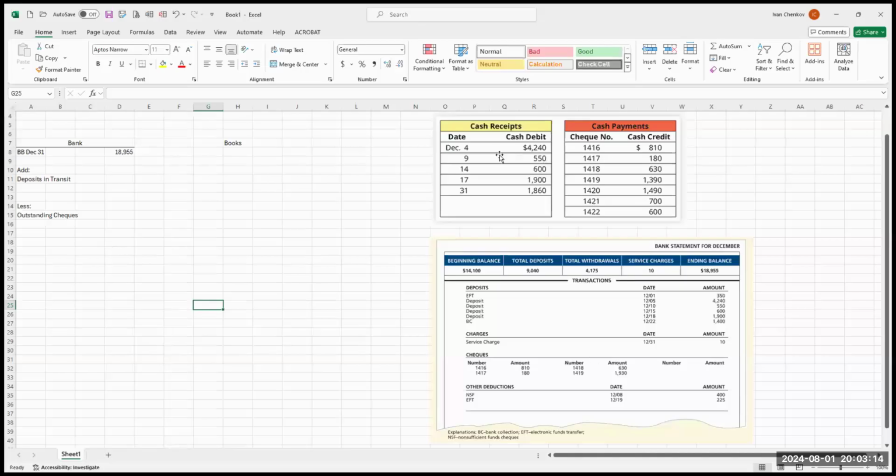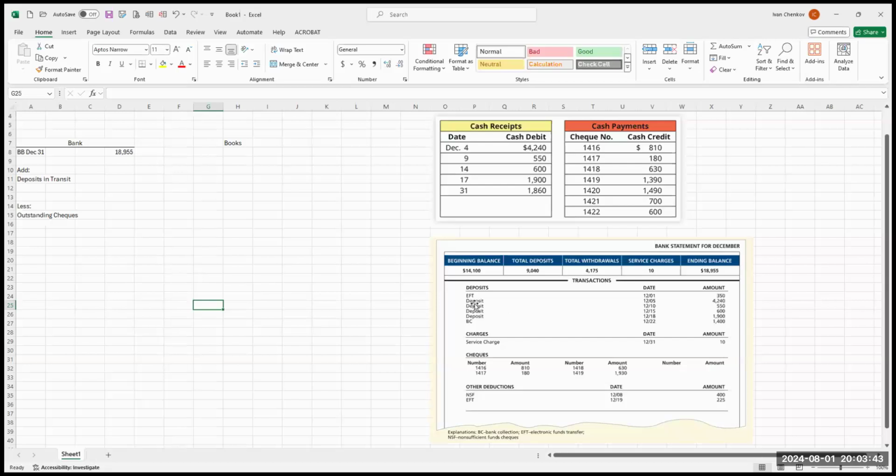So we're starting first with our deposits, the cash that we recorded in our books, and we're going to chase: is this cash actually being deposited in our bank account? The first cash deposit that we made in our general ledger was for $4,240.